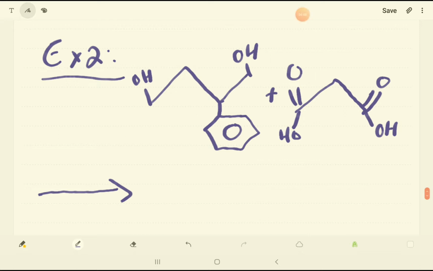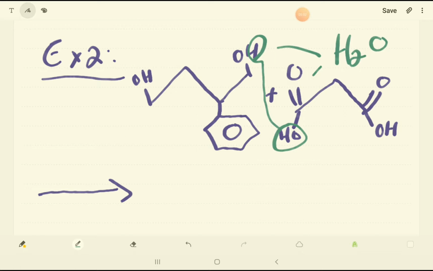Now let's look at our second example. Just like our previous, the OH from the carboxylic acid is going to react with the H, making water. And each of these has a bifunctional group. This one has 2 alcohols, and this one has 2 carboxylic acids, so they are bifunctional, which fulfills the requirements for this to be classified as a condensation reaction.